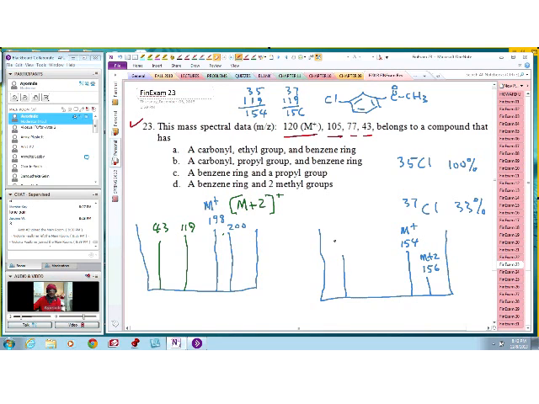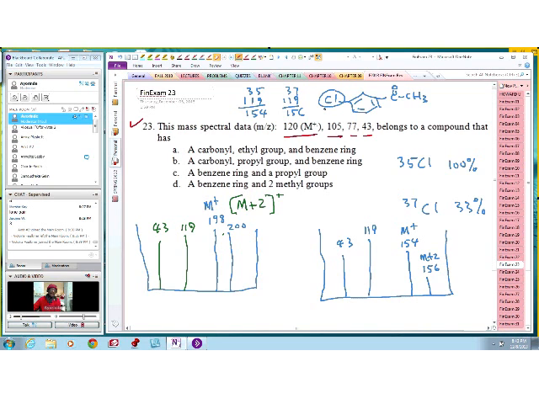Of course, the rest of the ions are still here. 43 will be here, and 119 will be there. So all of the other ions will still be there. But the point to be made here is, anytime you look at the mass spectrum of a molecule and you see this kind of relationship, molecular ion, then the M+2 ion, which is 1/3 or 33% of the molecular ion, then you know you have chlorine in the molecule.